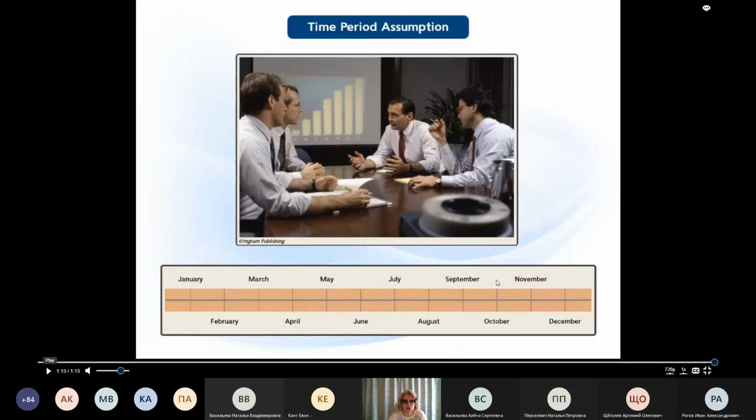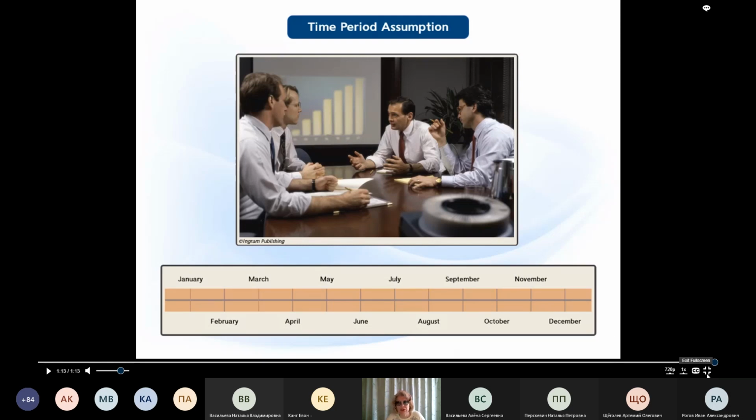And in order to make information comparable, we should divide the accounting period of every business into specific periods, and these periods are always measured as month, as quarter, or as the whole year. And this is what we call the time period assumption. And after that, we compare the activities during this period and develop managerial decisions based on this information.